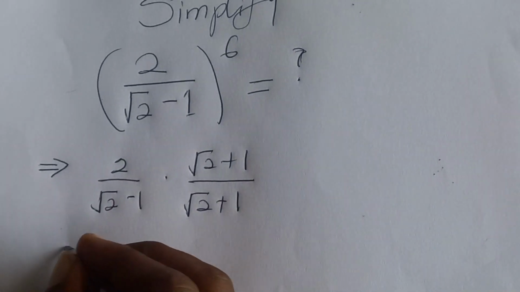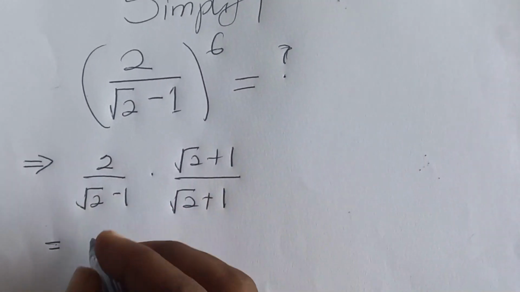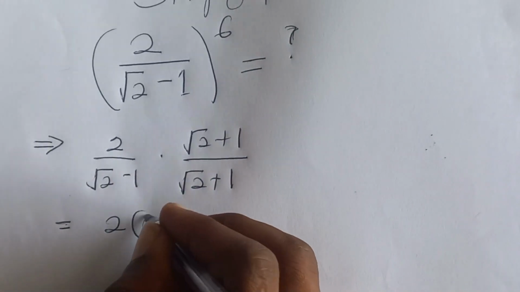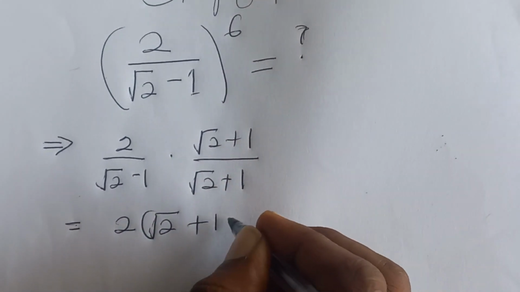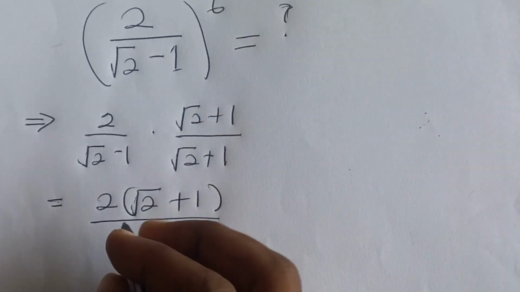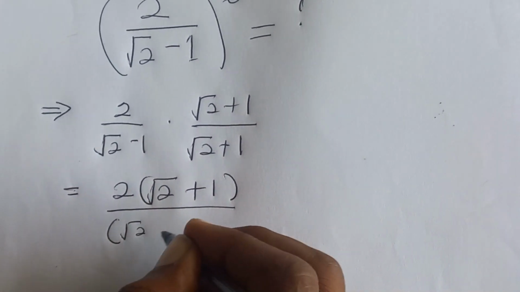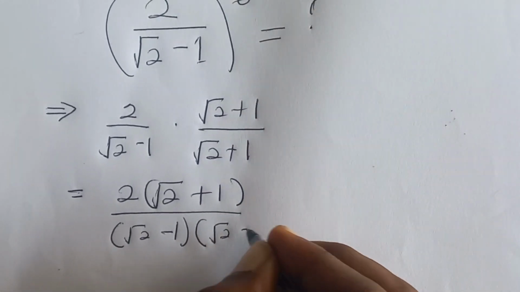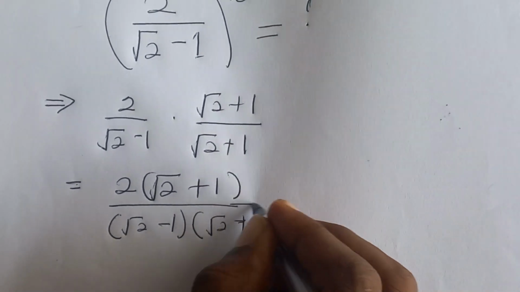When you rationalize this, we are going to get 2 into bracket square root of 2 plus 1, over bracket square root of 2 minus 1 bracket close, times bracket square root of 2 plus 1 bracket close.